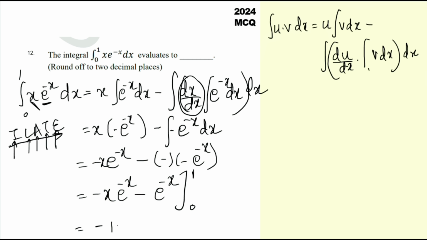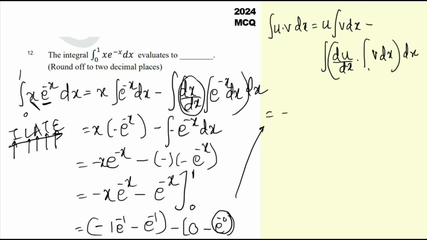So we will get minus 1, this, minus 0 and minus e raised to power minus 0. Since e raised to power 0 is 1, we will get minus 2 e raised to power minus 1 plus 1. That means this is our correct answer.